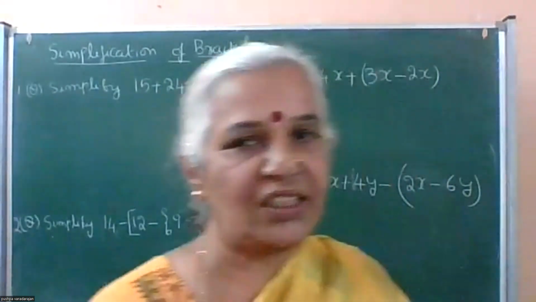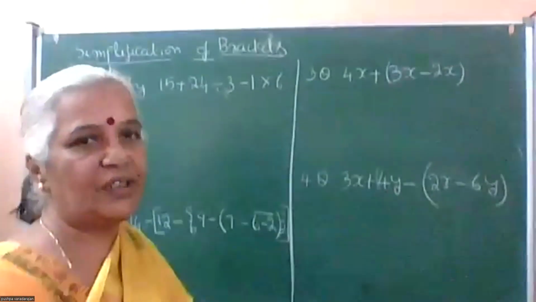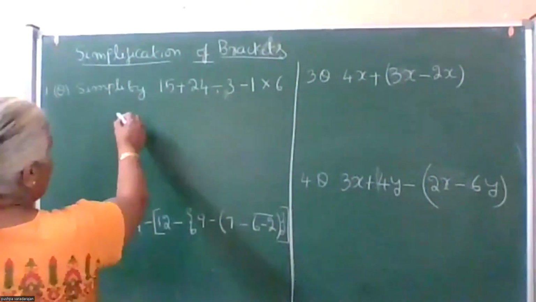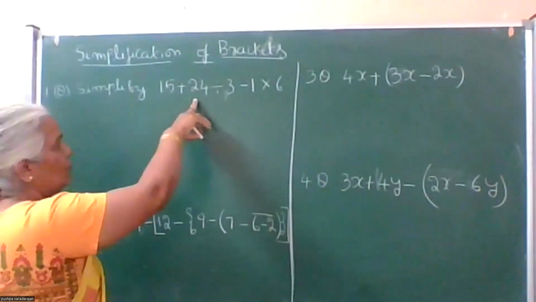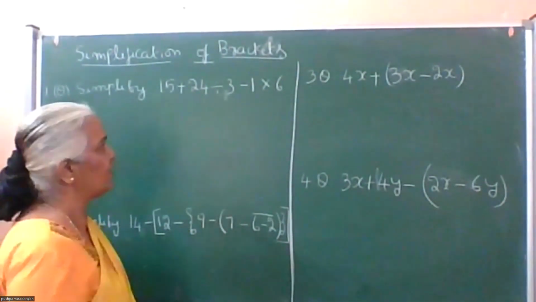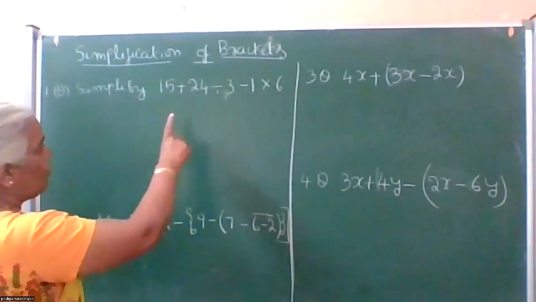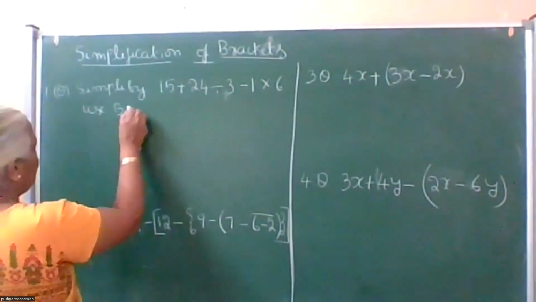And related to this, we are going to solve a few sums from the textbook. Here it is. Question number 1: simplify 15 plus 24 divided by 3 minus 1 into 6. Now here, we are using the BODMAS rule.